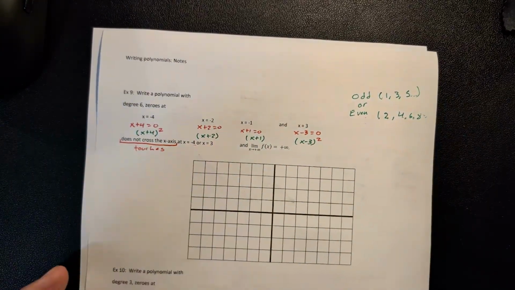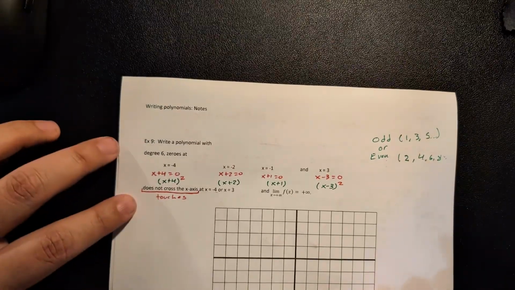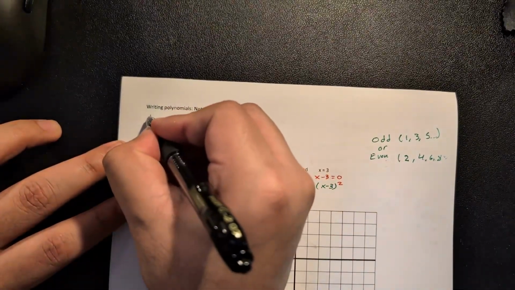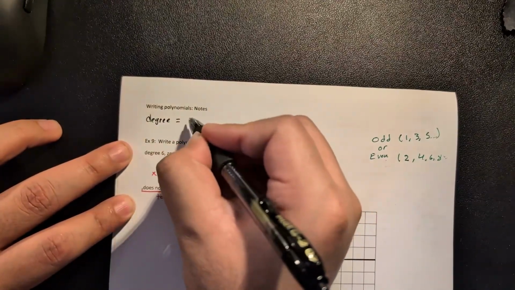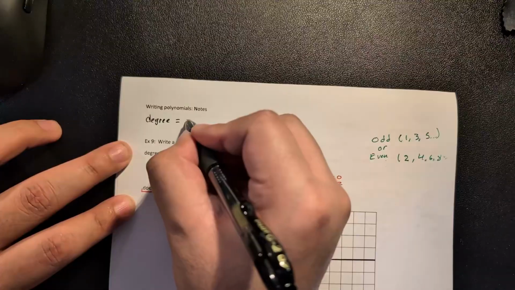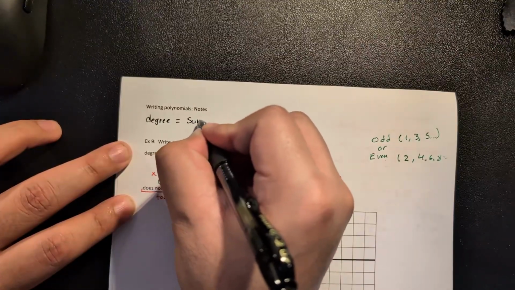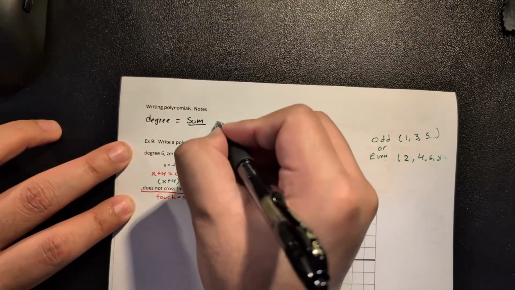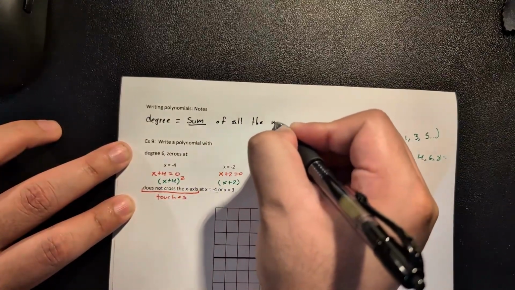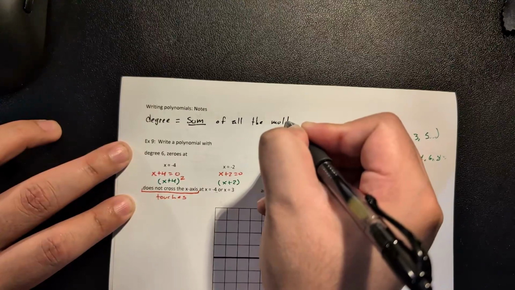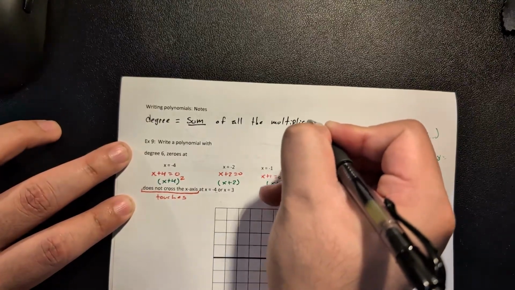And then for our notes for this section, we're going to put the degree is going to equal the sum of all the multiplicities.